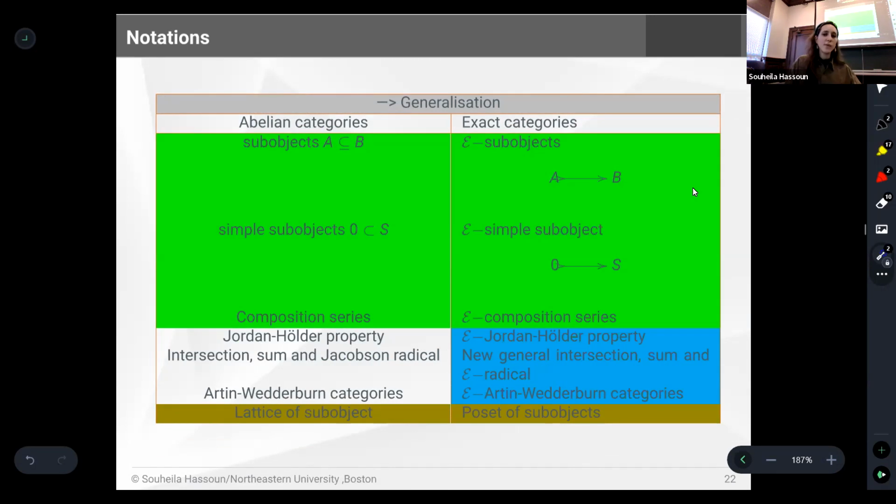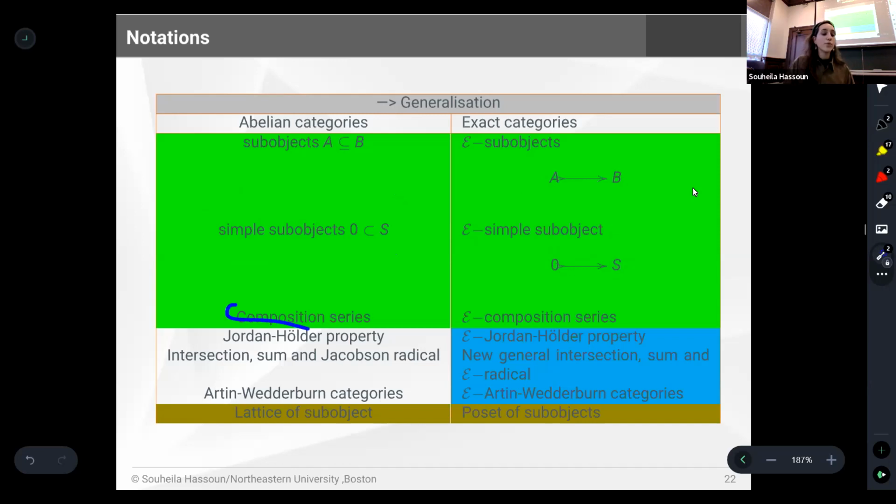For example, if you take the split one, this will be a section. If you take the maximal one in the abelian category, it will be any inclusion, etc. And instead of taking simple subobjects, this time we'll take admissible simples, which means there are no admissible subobjects except the zero one.